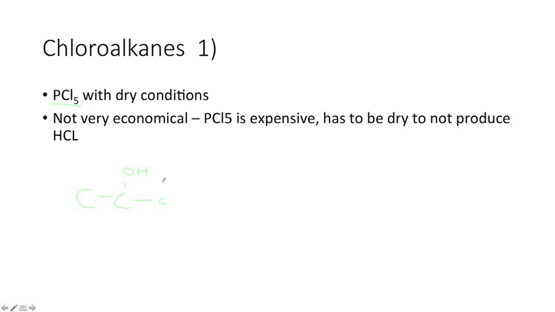So in this instance, let's just take an alcohol here. A lot of these will be from alcohols. So here we have propan-1-ol, and we can react it with PCl5, and we get the OH group substituted for our chloride group.